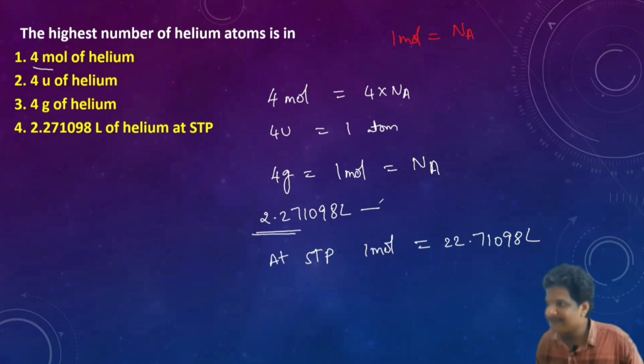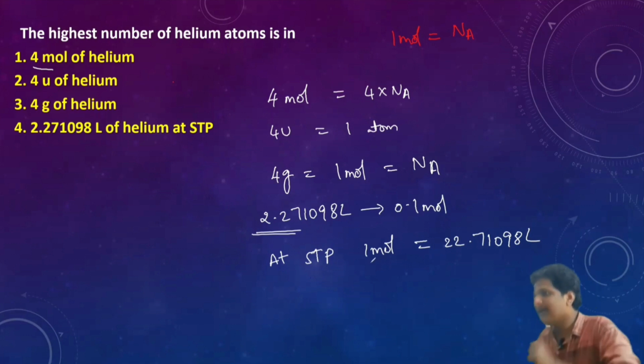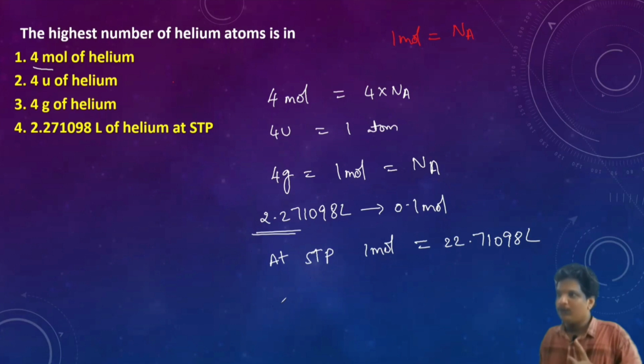It means it is nearly 0.1 mole, a 1/10th part of the Avogadro number, which is less than 4 into Avogadro number. So more helium atoms are present in the 4 moles of helium.